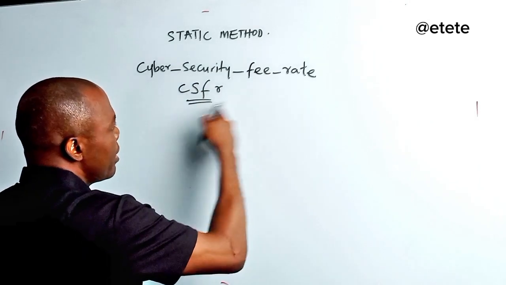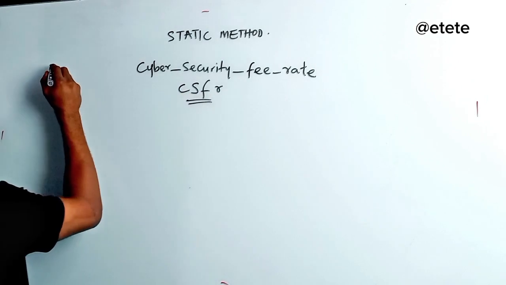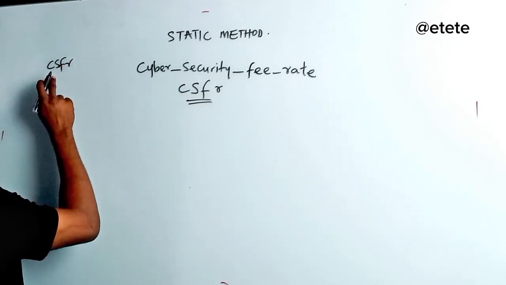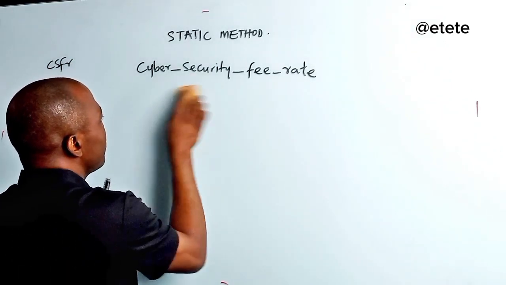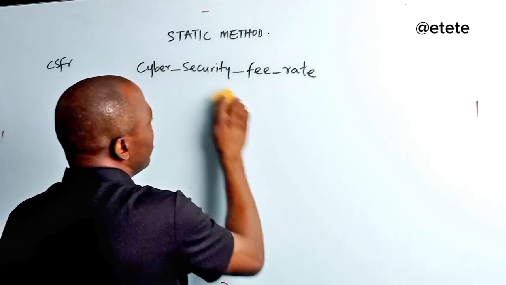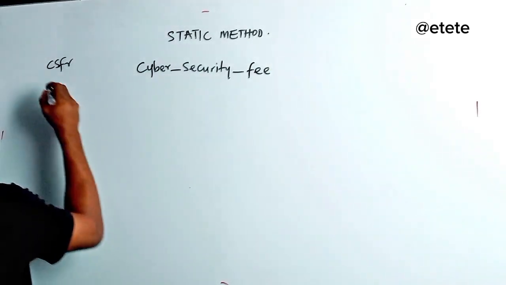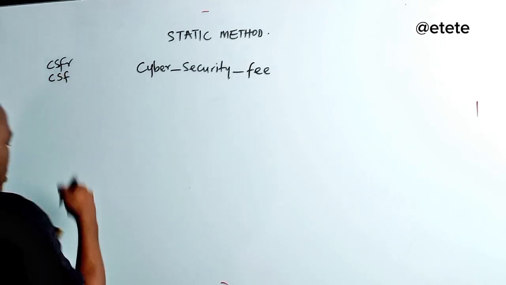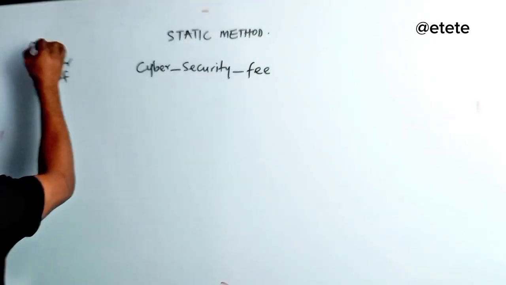This is very long. It will not be able to fit in my script. So this one will be CSFR. Then I will say cybersecurity fee, and this one would be CSF.